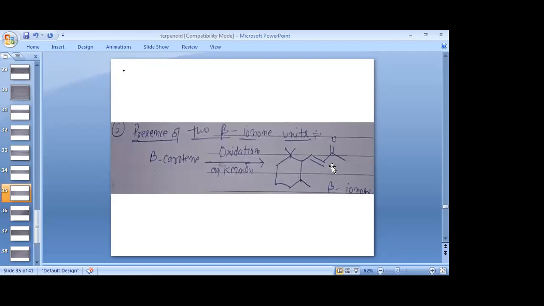Now after that, you can see the presence of 2 beta ionone units, right? Beta carotene on oxidation converts into beta ionone. When you oxidize it with a strong oxidizing agent, it converts into these types of compounds, and these compounds are very important for confirming the final structure of beta carotene.